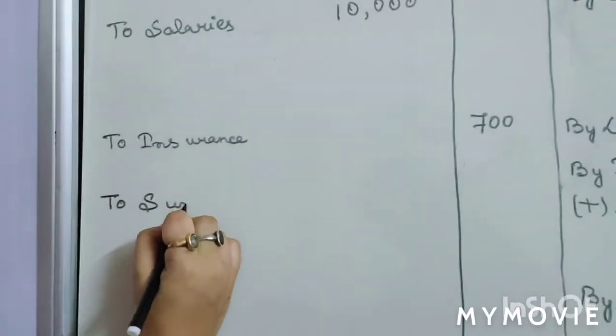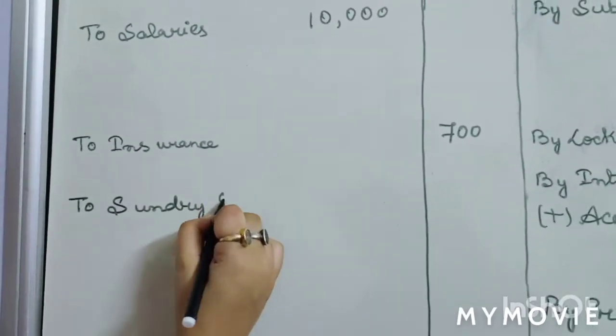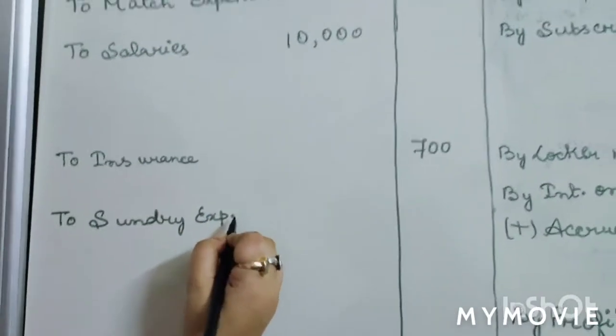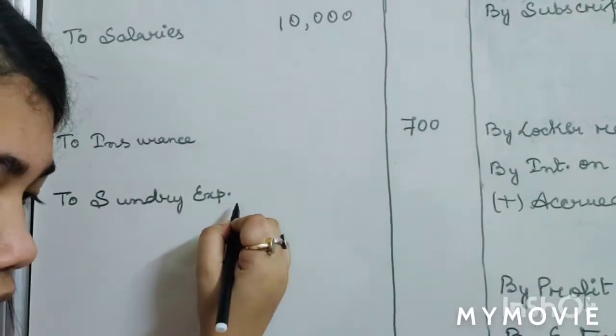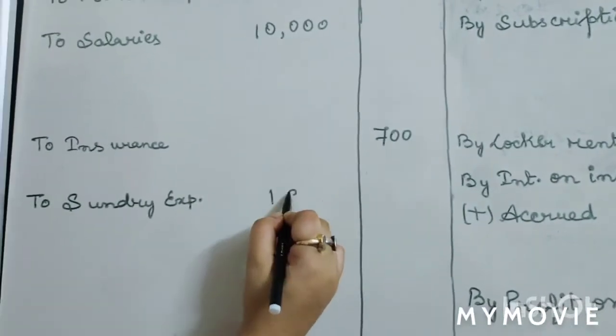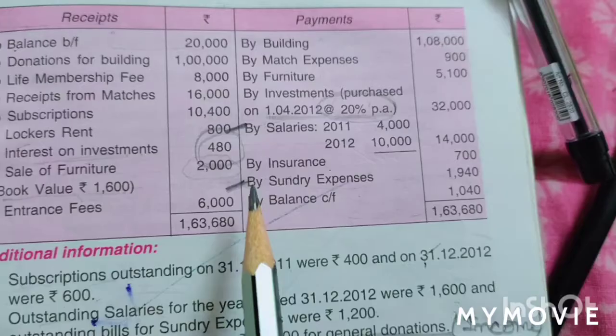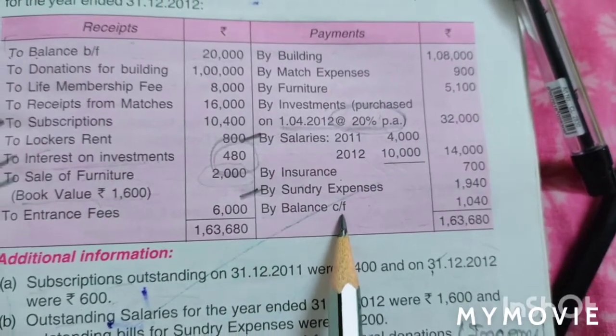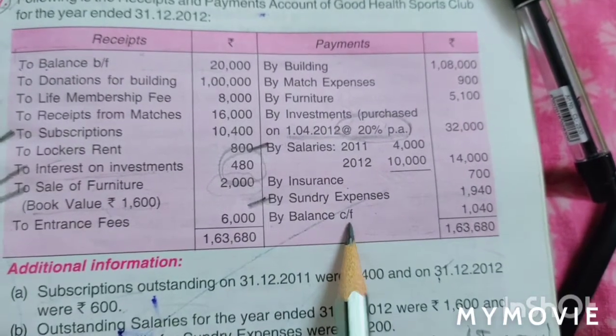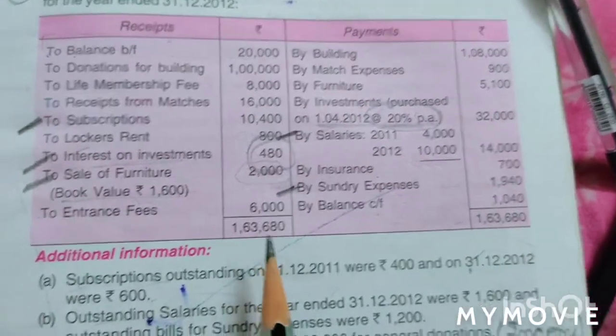To sundry expenses, we will write 1,000, the amount is 1,940 in the inner column. Next, by balance carried forward means this is the closing balance for cash. This won't come in the income and expenditure account.